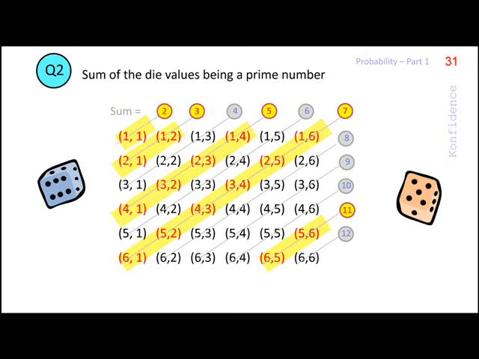Altogether, we can see that there will be 1 plus 2 plus 4 plus 5 plus 2 equal to 14 outcomes which are favorable to the event under consideration.